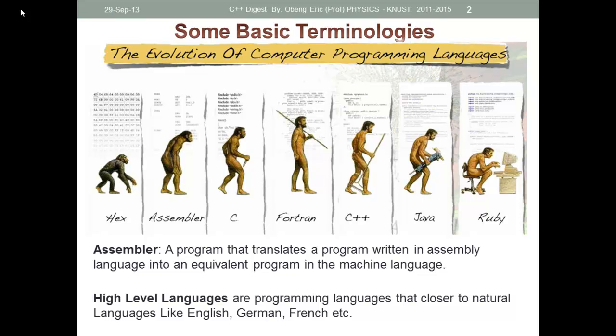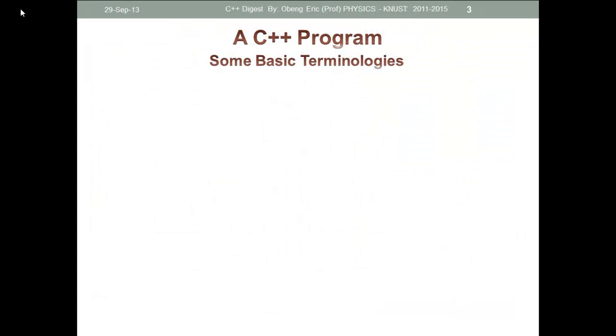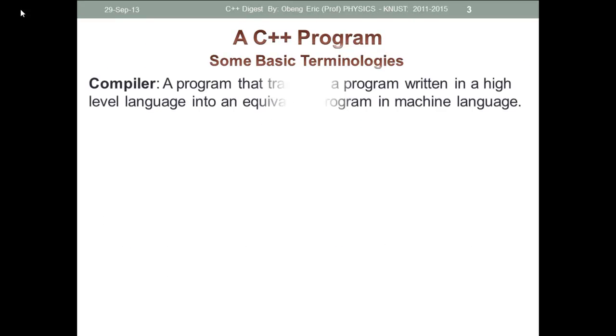When we talk of a high level language, these are programming languages that are closer to natural languages like English, German, and French. So C, Fortran, C++, Java, Ruby are all examples of high level languages. And I know you will get what it really means to say a programming language is a high level language.